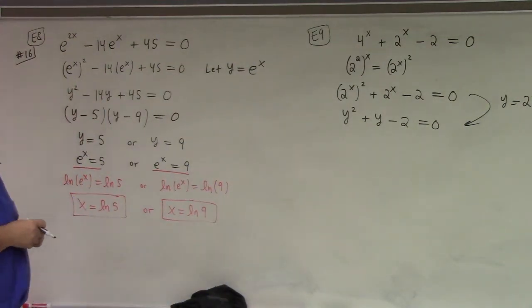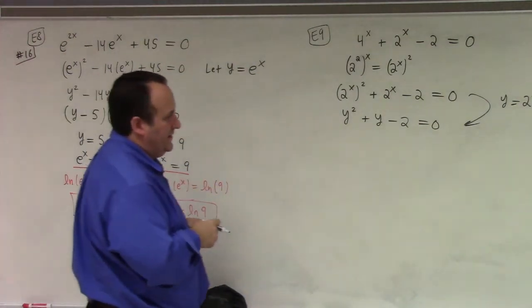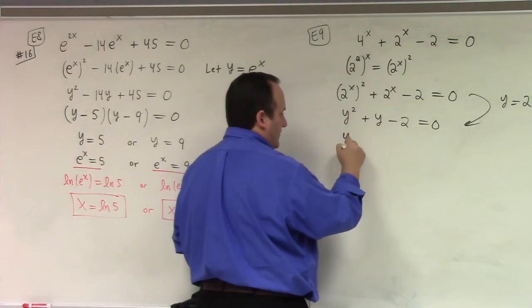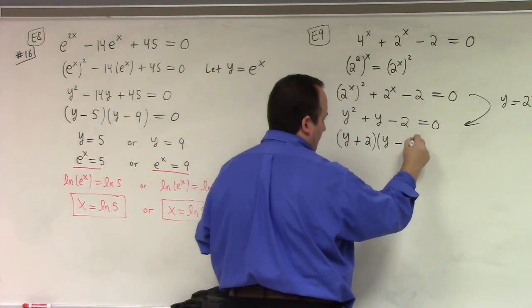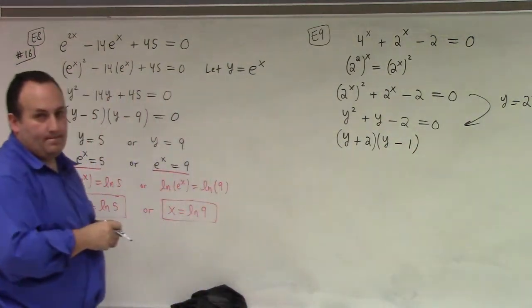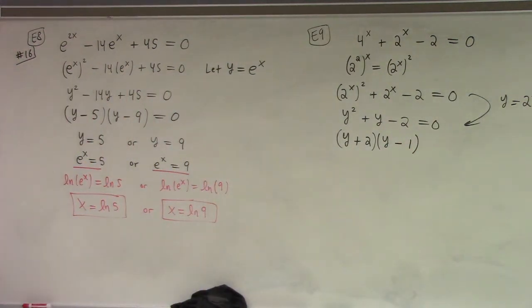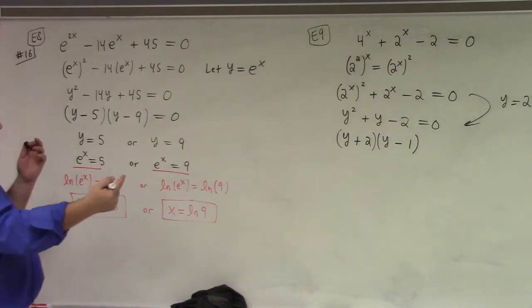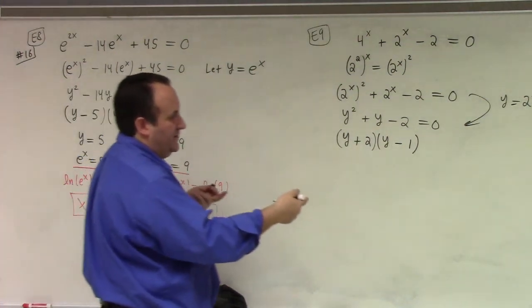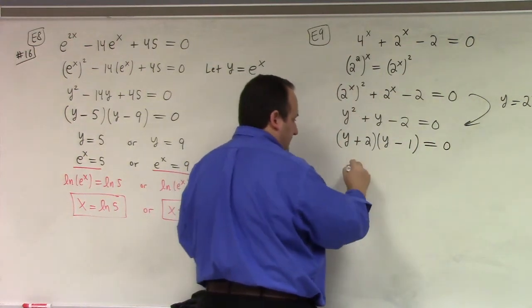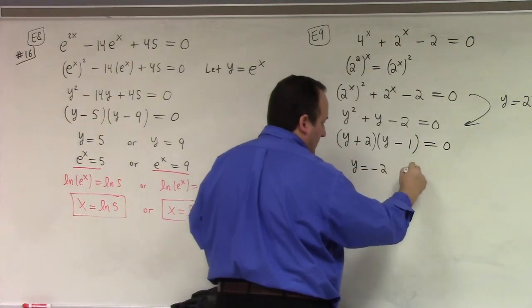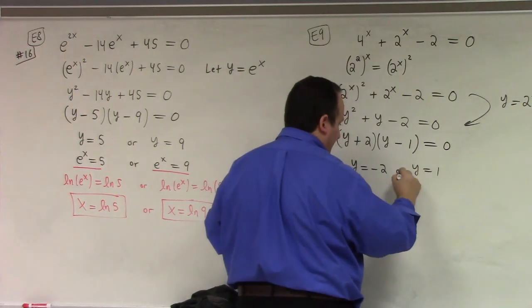Can you factor that? I think we can, right? This is y plus 2 times y minus 1. Do you guys see that? So I get the plus 2 and the minus 1. That gives me a plus 1 overall for the cross terms. And so then we find ourselves with either y equals minus 2 or y equals 1, right?